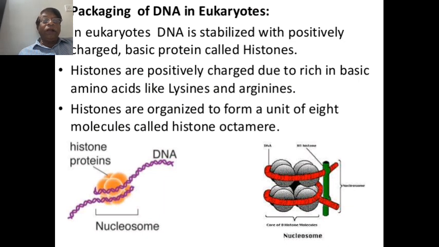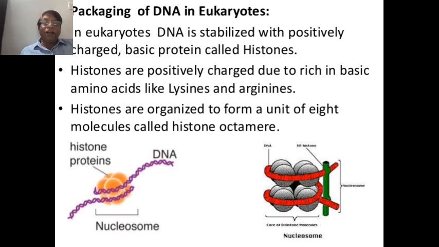It's a very important, neat question. Now, the basic histones are present as an octamer. So, there are four types of basic proteins, for example, H2A, H2B, H3 and H4. These are present in octamer.